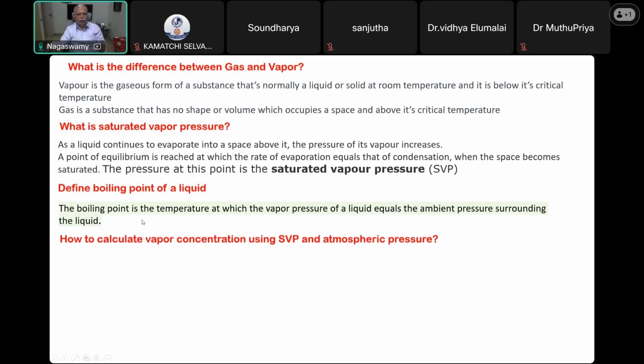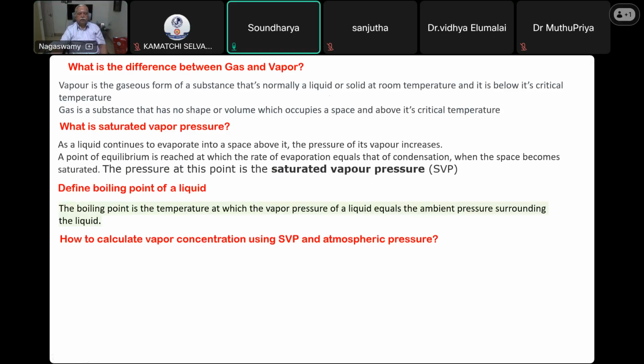So for boiling point, you have to remember it is the temperature at which vapor pressure equals the surrounding atmospheric pressure. How do you calculate vapor concentration using saturated vapor pressure and atmospheric pressure? It is a volatile anesthetic agent. When it becomes a vapor, is it possible to calculate the concentration using the atmospheric pressure and the saturated vapor pressure of that particular agent?